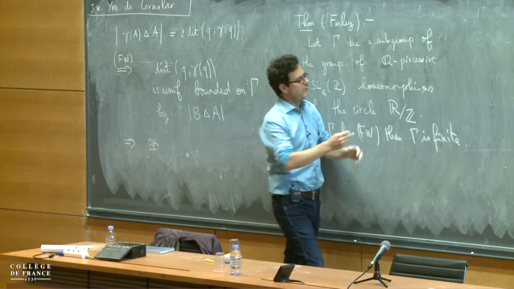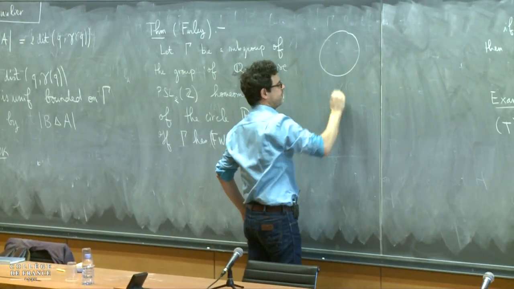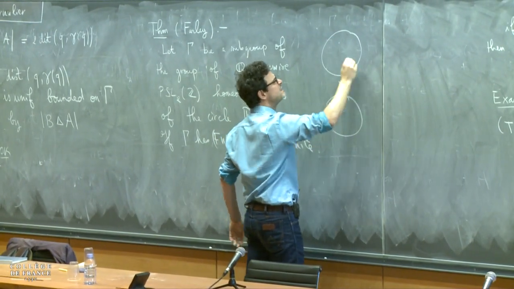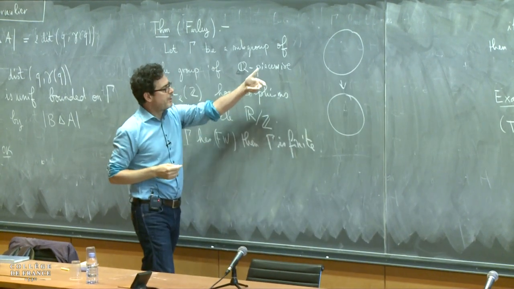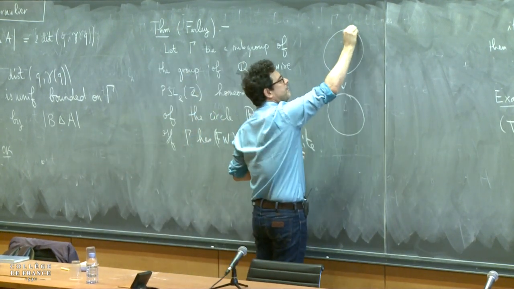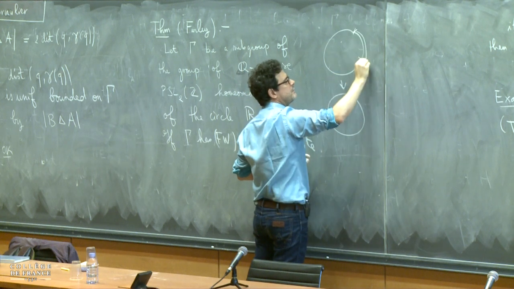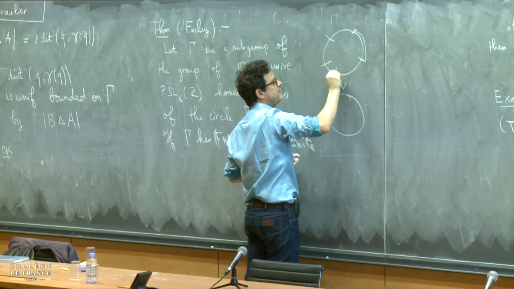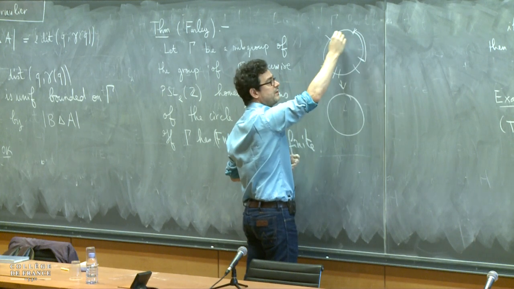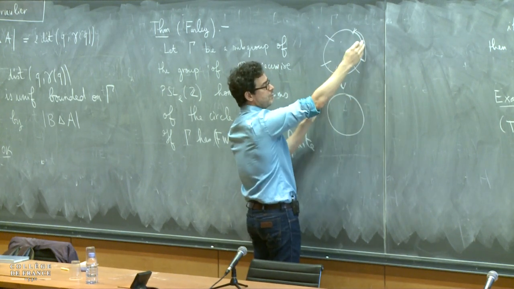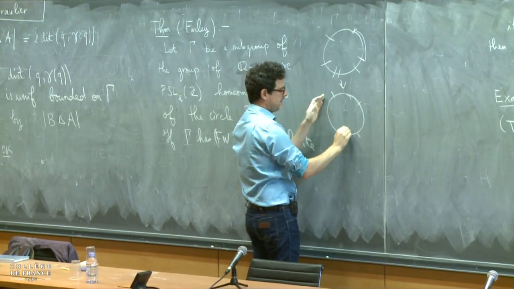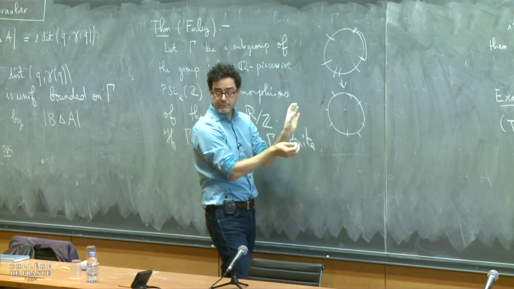So what is piecewise PSL2(Z)? This means that you have homeomorphisms from the circle to the circle, but homeomorphisms which are piecewise. You have a decomposition of the circle into finitely many intervals at the source, and the target is also cut into finitely many intervals.